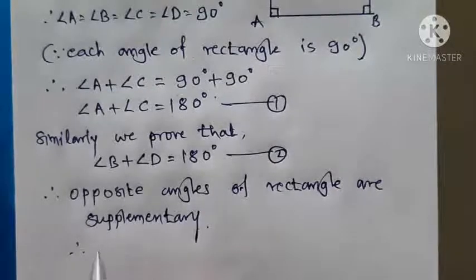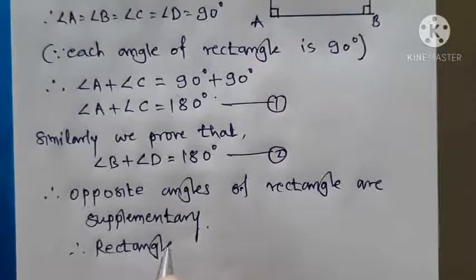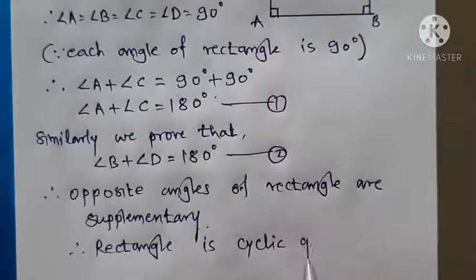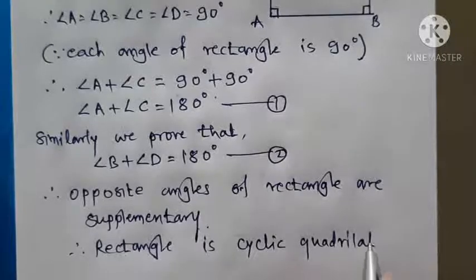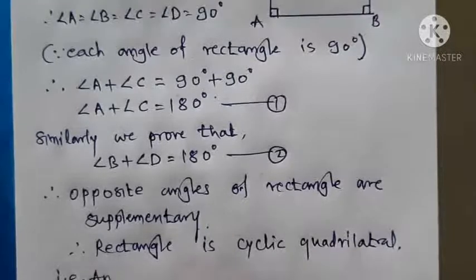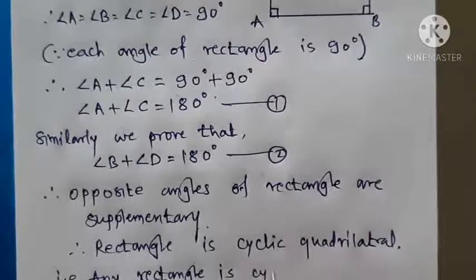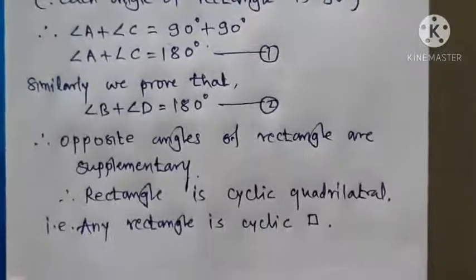Therefore, a rectangle is a cyclic quadrilateral. That is, any rectangle is a cyclic quadrilateral. In this way, we prove it.